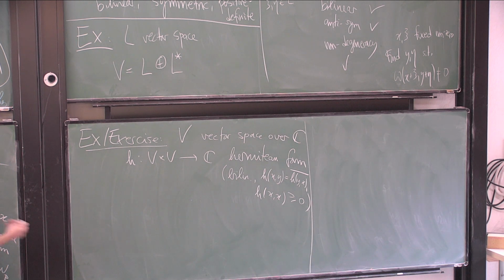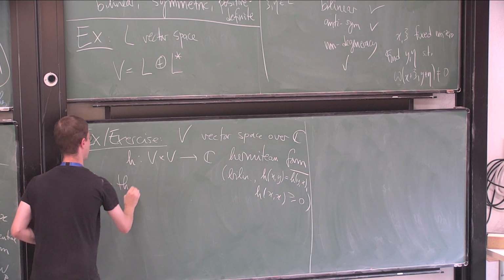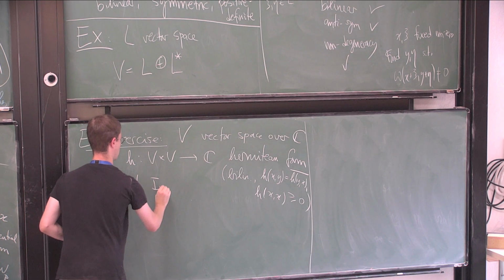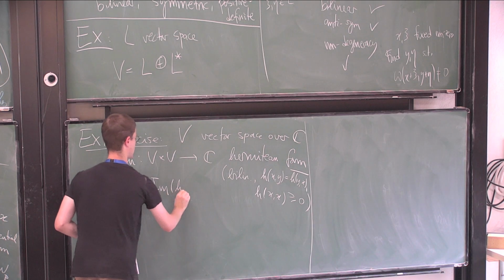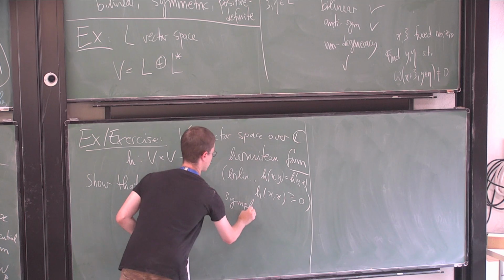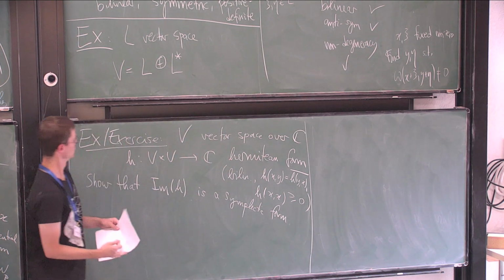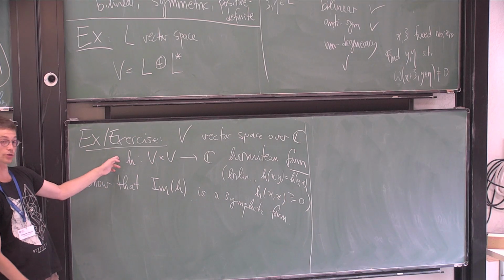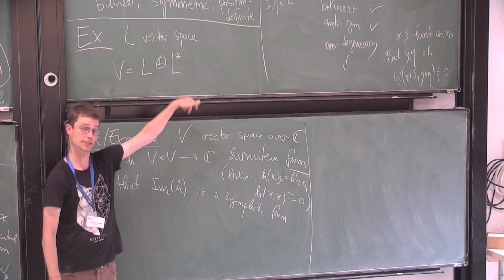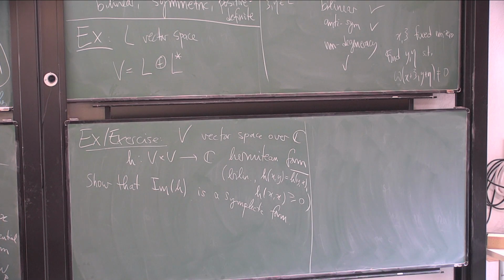Okay, so it's a Hermitian form, and what you should show is that the imaginary part of H is a symplectic form. You take two vectors, you evaluate H, you get a complex number, take its imaginary part, so you get a real number. This should be a symplectic form.